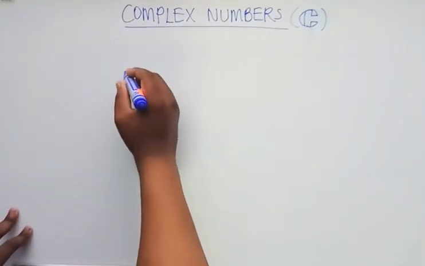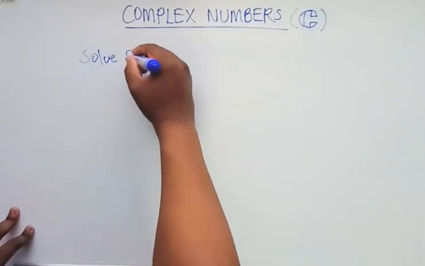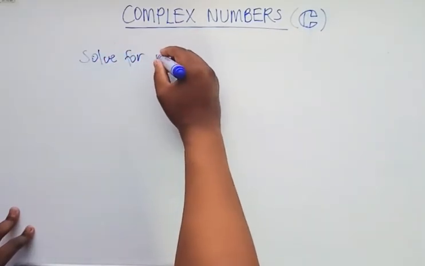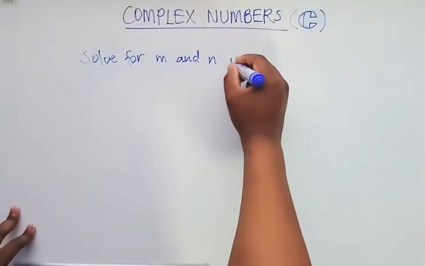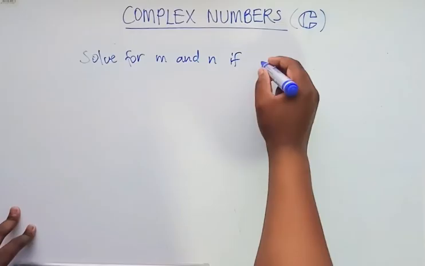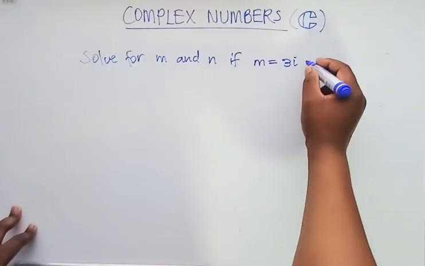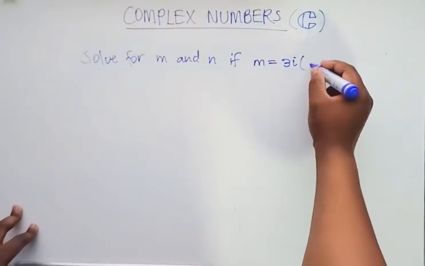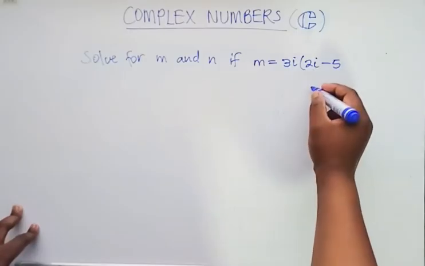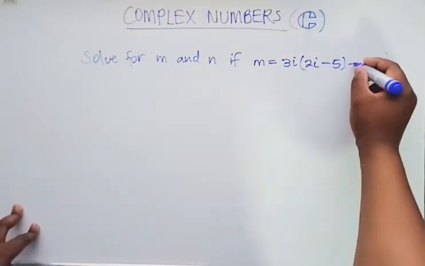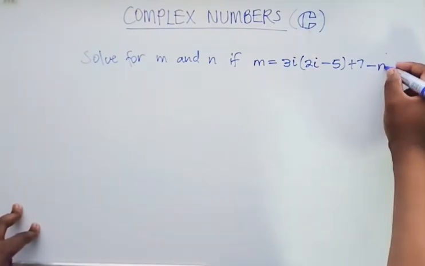The question says: solve for m and n if m is 3i into (2i minus 5) plus (7 minus ni).